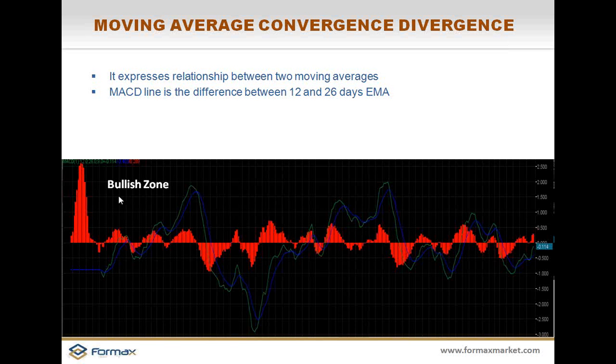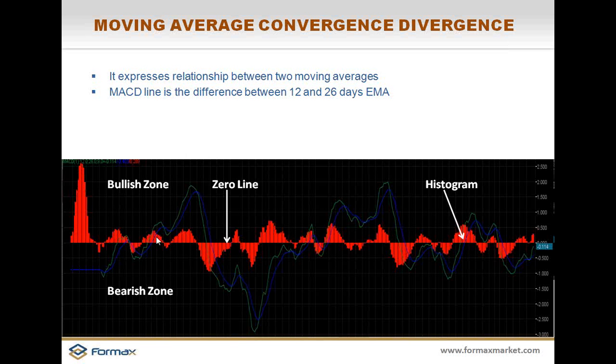You can see that it is written as bullish zone on the upper side. The upper part of this line is called the bullish zone, and the lower part below this line is called the bearish zone. The line formed just in between is the zero line.